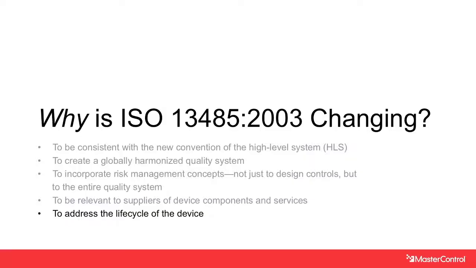What does that mean from a contract standpoint as it relates to consultants, contractors, or actual suppliers of raw materials to the build of a product? And then there is also the orientation as to how the standard addresses the life cycle of a device, and that's a major influencing component as we move towards the new version of 13485.